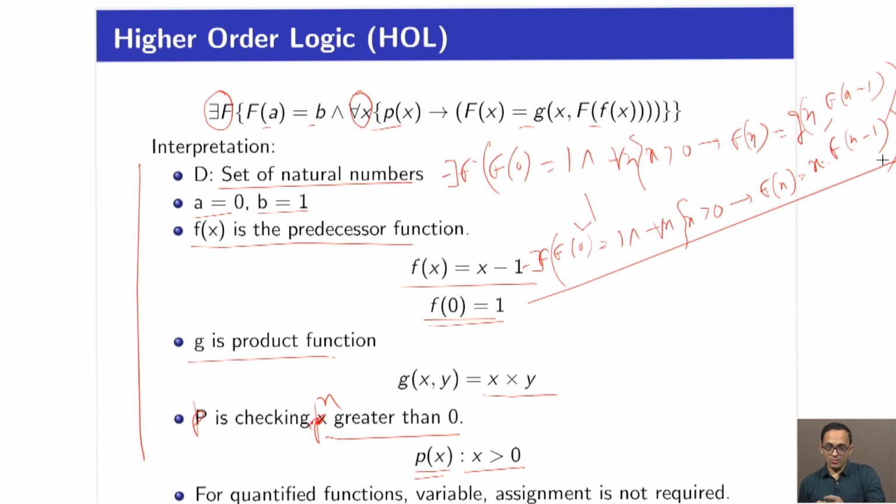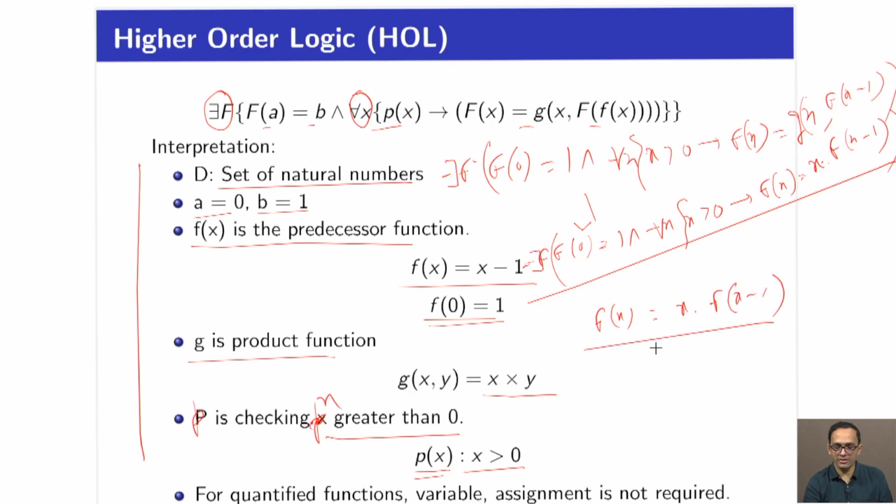Now, let us understand what I have written here. There exists a function with f(0) equal to 1, and for all other x, if x greater than 0, that means for all x greater than 0, f(x) equal to x into f(x minus 1). What is this function effectively?